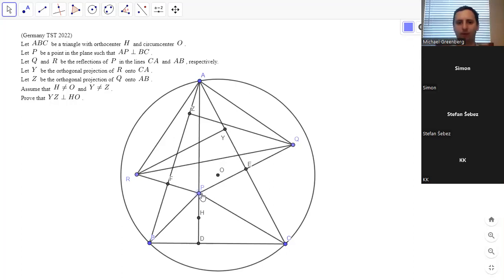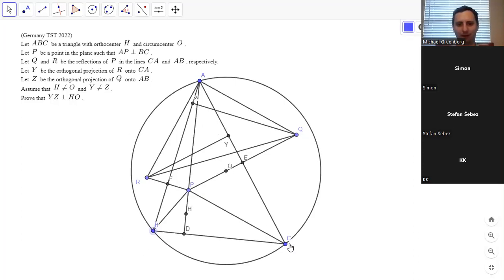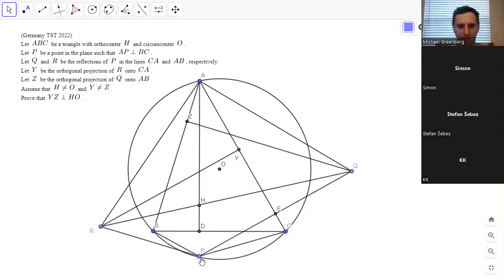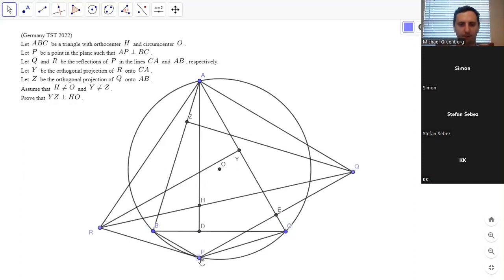Yeah. Choose P, the reflection of H. Oh, that works better. Interesting. All right, let's see. So if P is the reflection, if P is this point right here, I'm not sure which is better, but really we could try to show that YH squared minus ZH squared is YO squared minus ZO squared. Simpson.